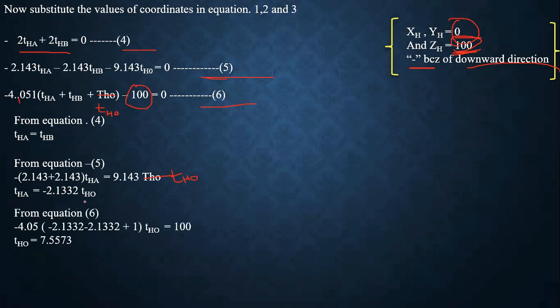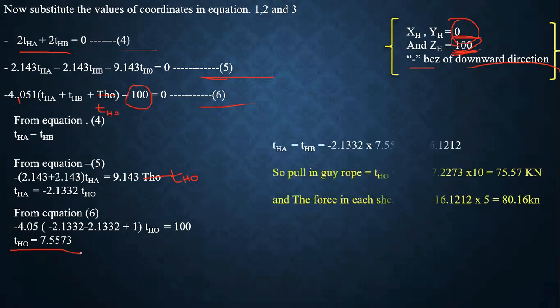From equation number 6, THO will be 7.5573.